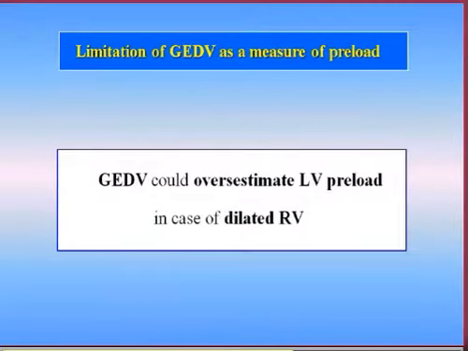But there is a very important limitation of global end-diastolic volume as a measure of preload. It is that global end-diastolic volume could overestimate left ventricular preload in case of a dilated right ventricle, because, in fact, global end-diastolic volume, by definition, takes into account the dimension of the right ventricle.